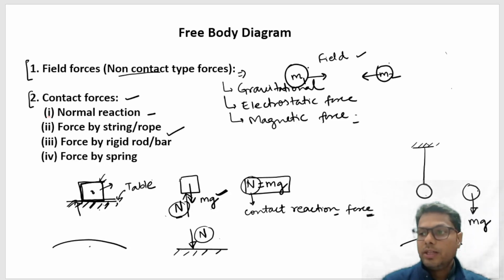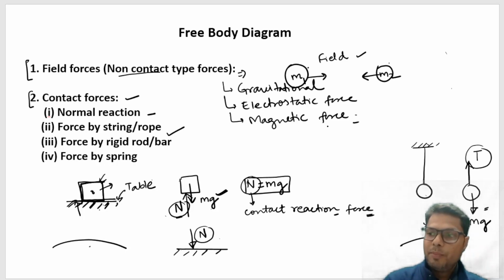Why is the ball not going downward? Due to the string. The string must be applying some force, which is called tension, or the force by string, to the ball in order to counterbalance this weight. So such forces are called forces by string. If in place of a string you had a rigid rod or a bar, that must also do the same thing. The bar or rod can act like a string, giving a tension force.